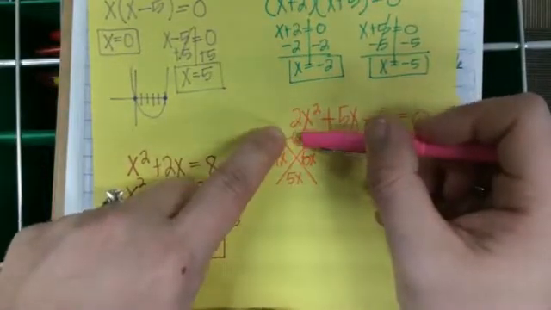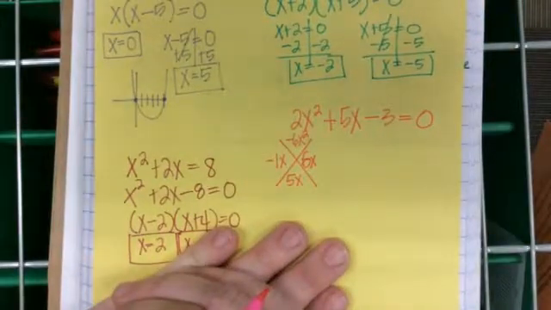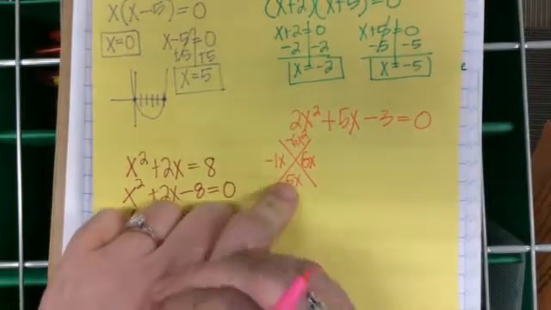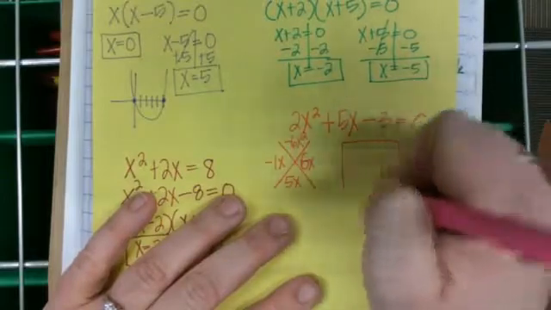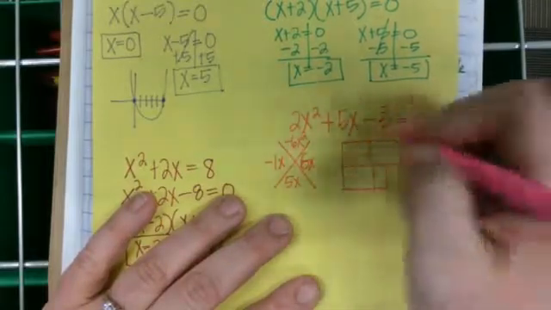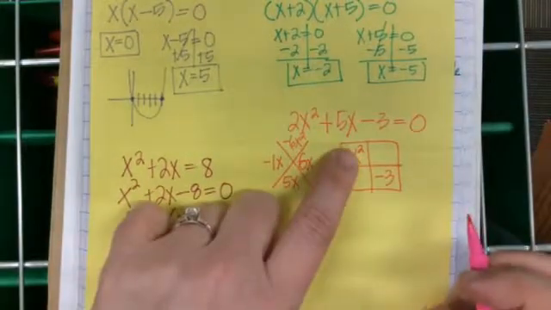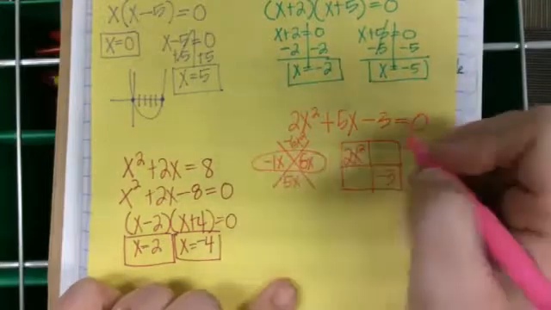Factors of negative 6 that have a sum of 5. Two x squared minus 3. And then my factors that I found go in the sides.